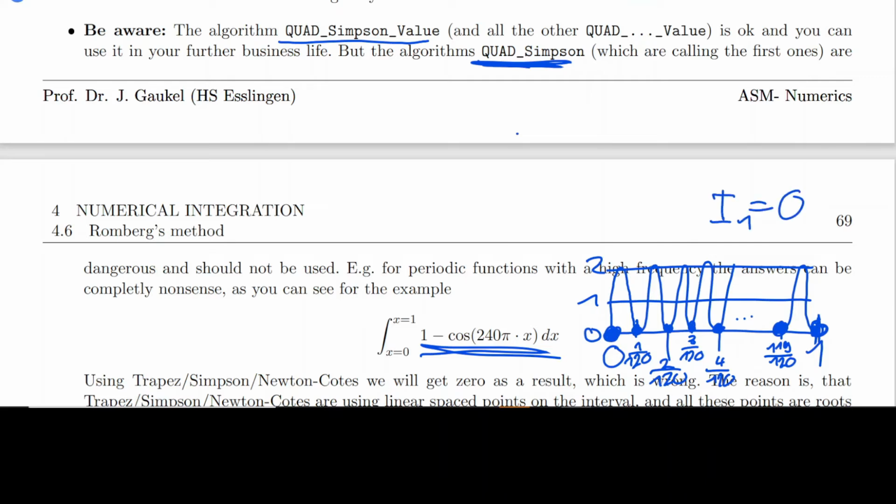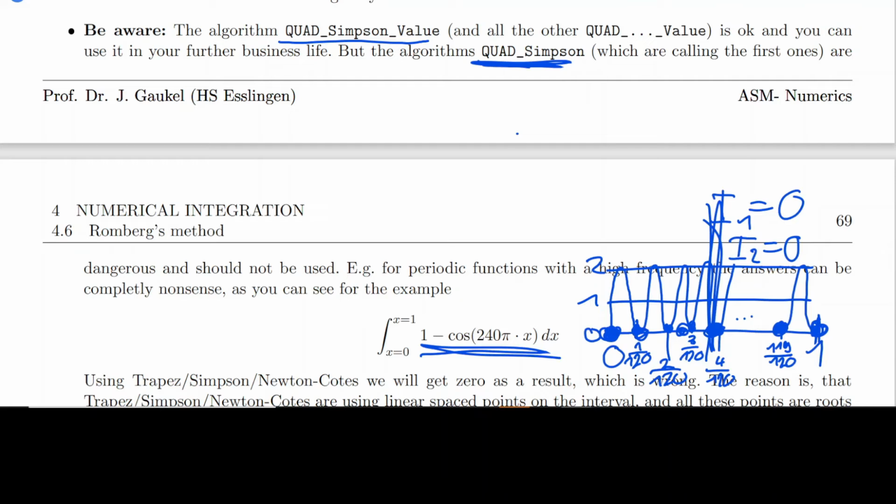And then we refine, then we split the interval, and what will happen? We will have a 0 at every position we evaluate, and thus we will also get I2 is 0. Then if we check the difference, we see there is no difference. The difference is 0, less than the tolerance, and so we will return integral value 0.